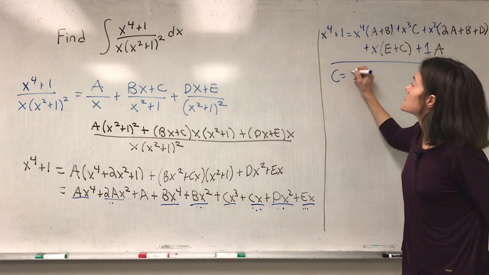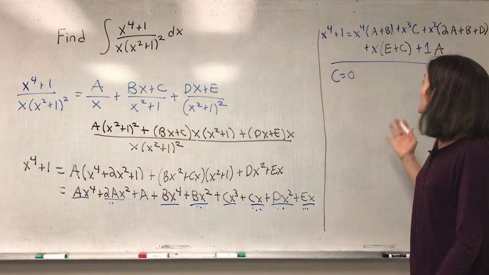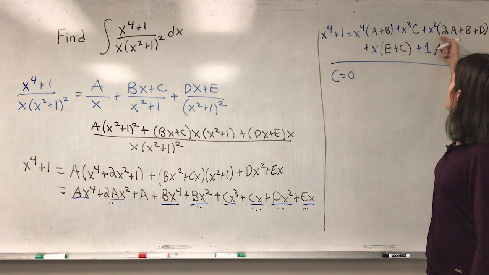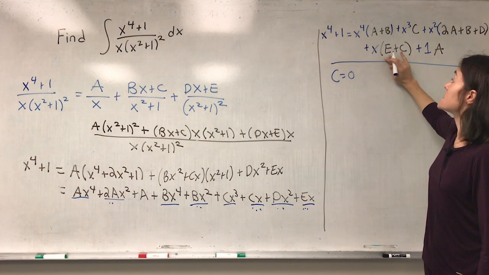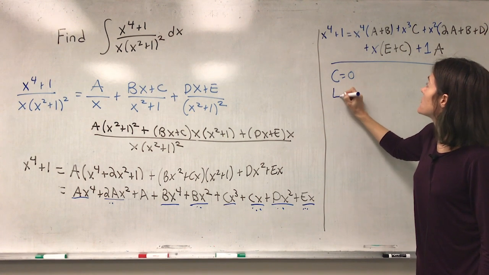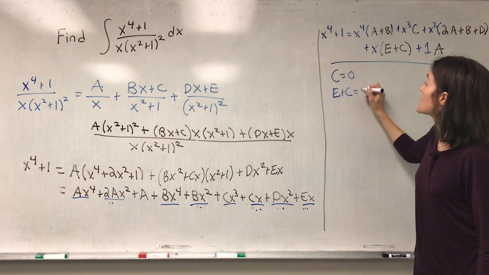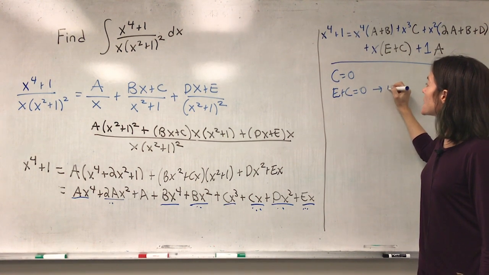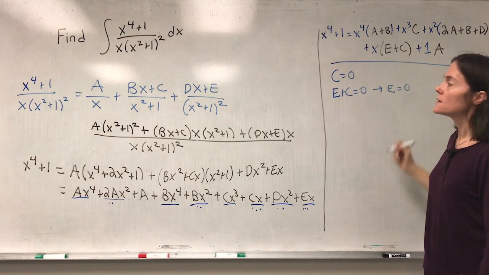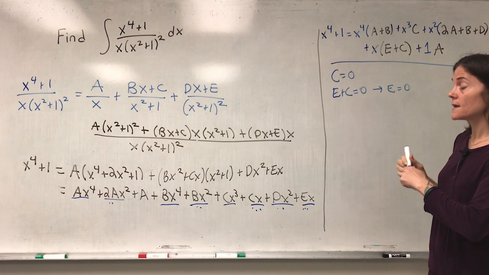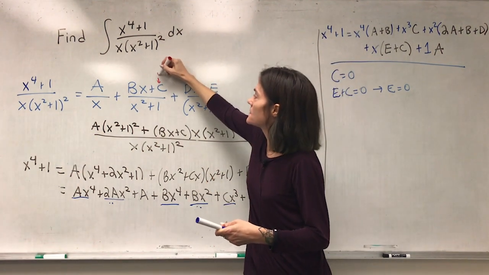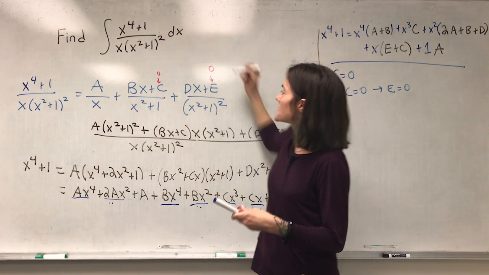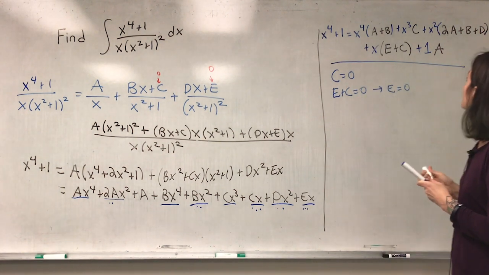We get that C is 0, right? There's one of them. And then let's equate the coefficient in front of the, let's say x. Then we get E plus C equals 0. So combining, we get that E is 0. We know 2 of them already, right? This one, 0. This one, 0. Okay, let's keep going.